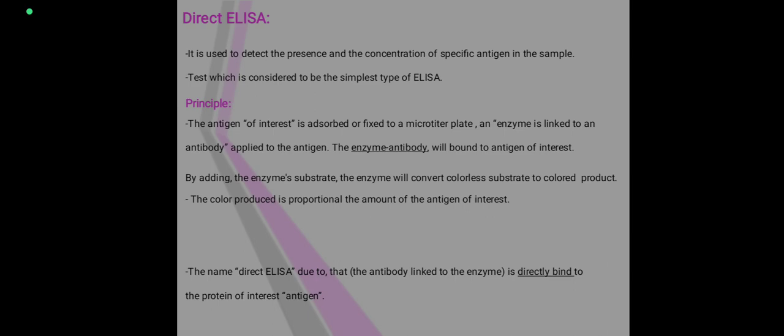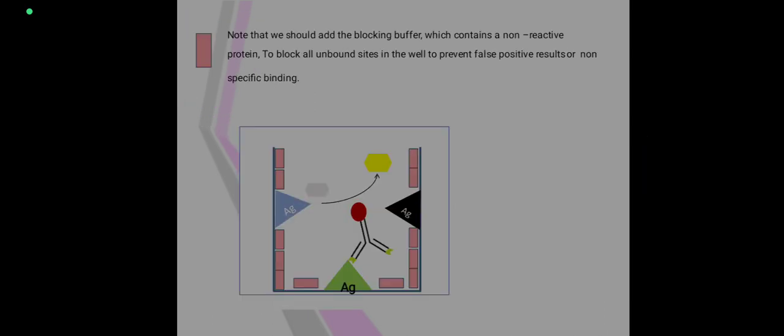By adding the enzyme substrate, the enzyme will convert the colorless substrate to a colored product. The colored product is proportional to the amount of antigen of interest. The color itself indicates the presence of antigen in a sample. It is known as a direct ELISA because the antibody linked to the enzyme directly binds to the protein of interest, the antigen.